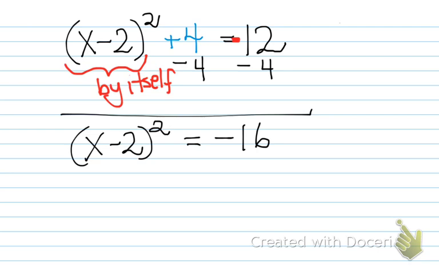Once the quadratic is by itself and there's no x added to the quadratic, we can proceed with our steps. We copy the number inside and the number outside 2 times.